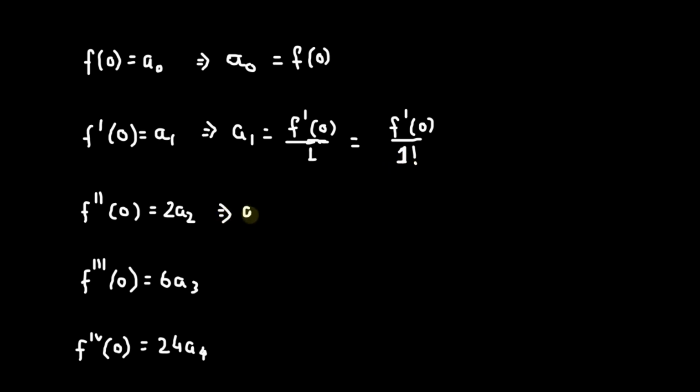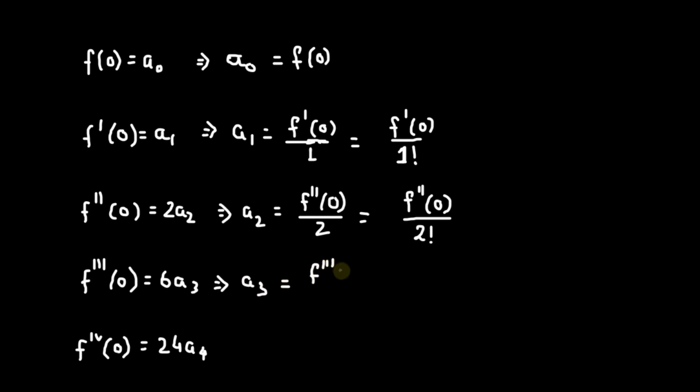Now a2 will be equal to f double prime 0 divided by 2, which is f double prime 0 divided by 2 factorial. This implies a3 will be equal to f triple prime 0 divided by 6, which can be rewritten as 3 factorial.